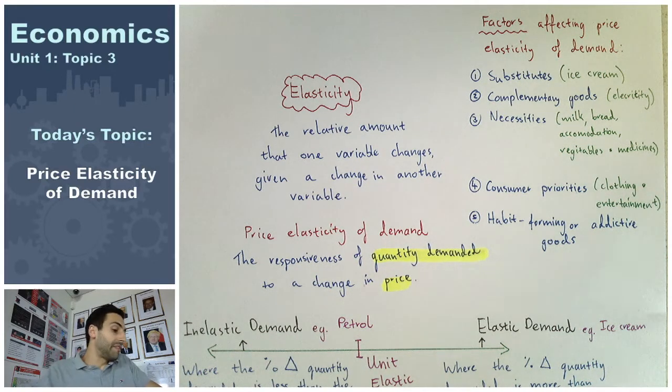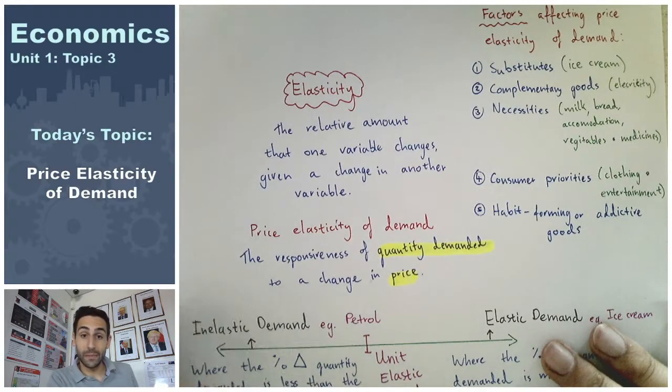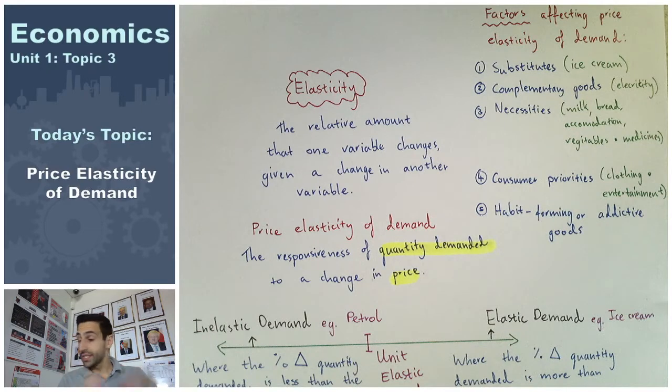So here are just 5 factors that can affect the elasticity of demand for a product. That's just a general overview of this topic of elasticity. Once again, just like always, please refer to the relevant pages of the textbook and the PowerPoint slides.